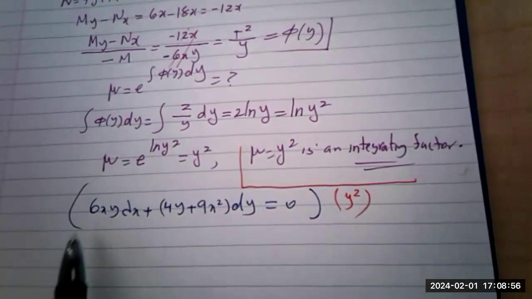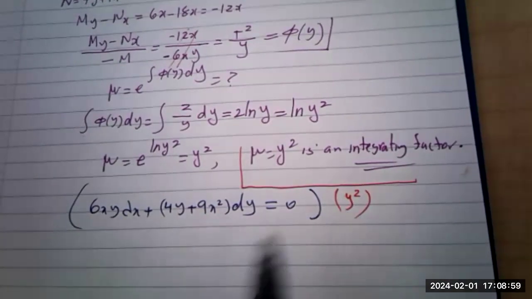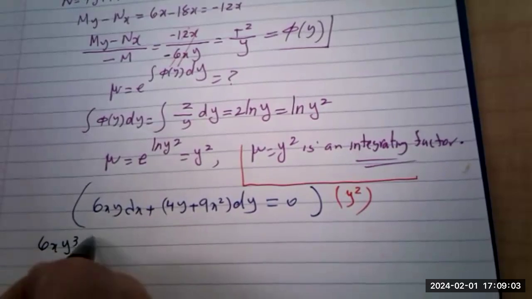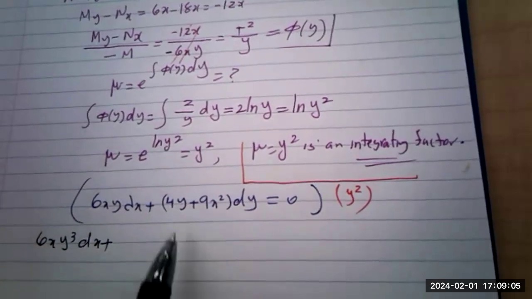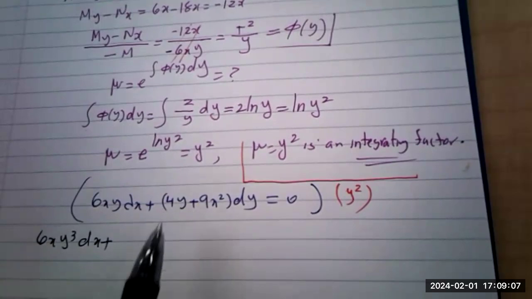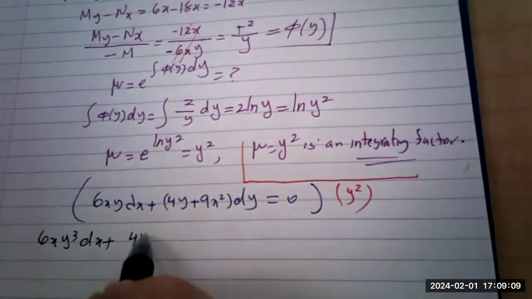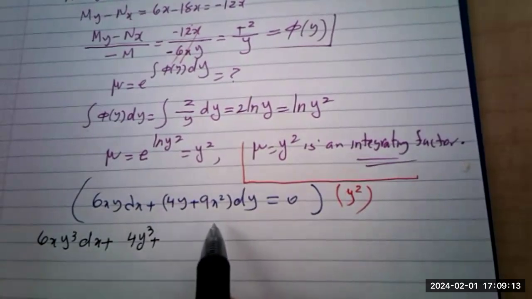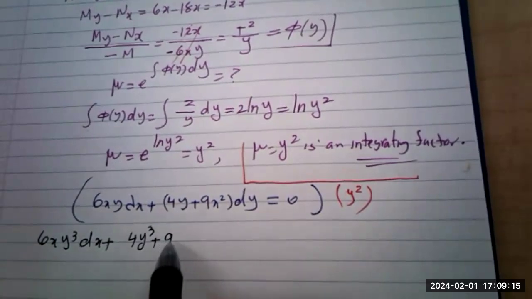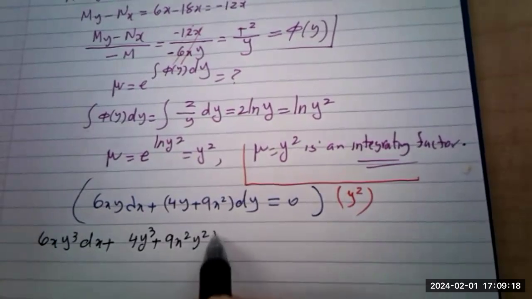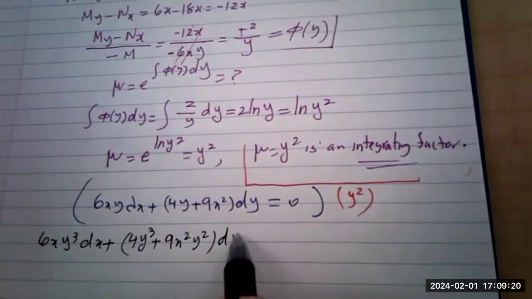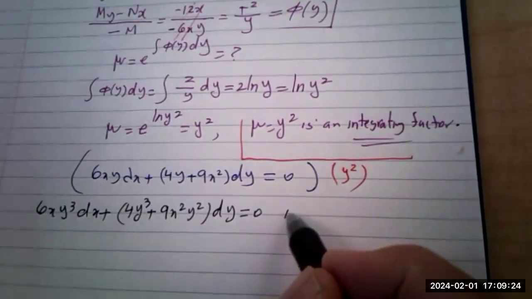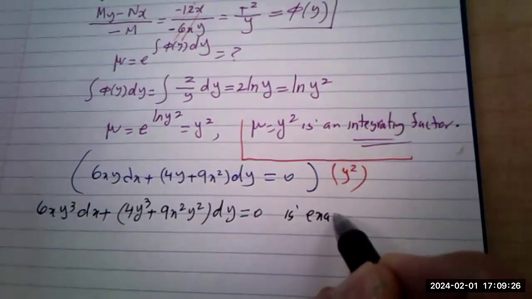Multiply each term one by one: 6xy cubed dx plus, multiplying inside the parentheses, 4y cubed plus 9x squared y squared dy equal to 0. And you know that this is exact. You don't have to check it.